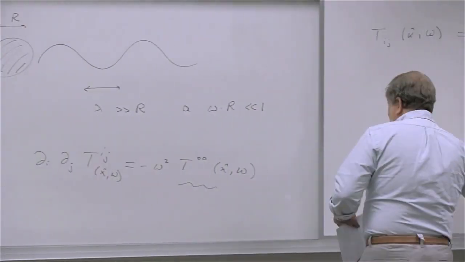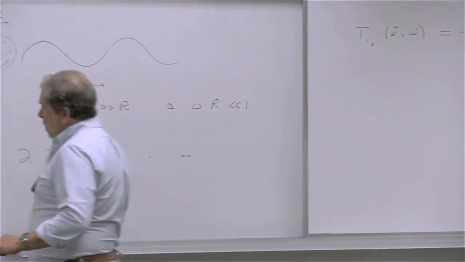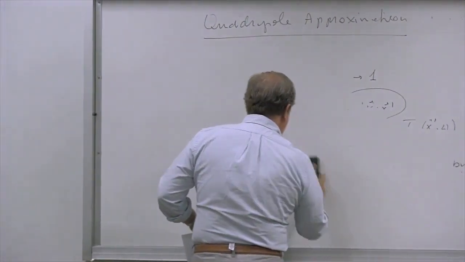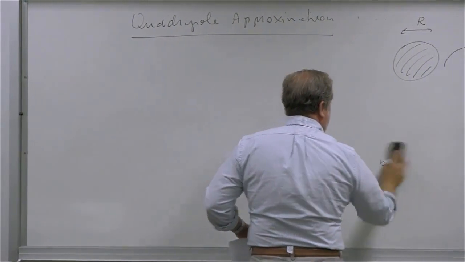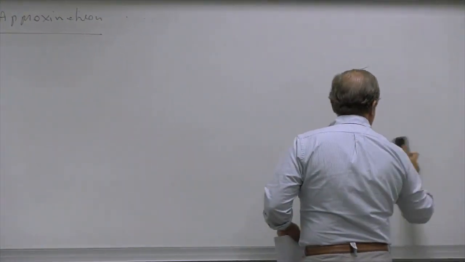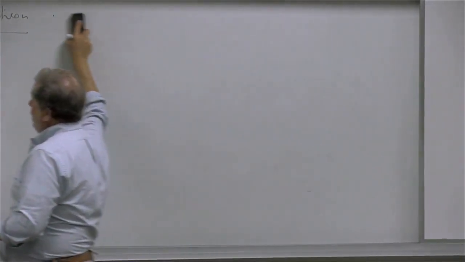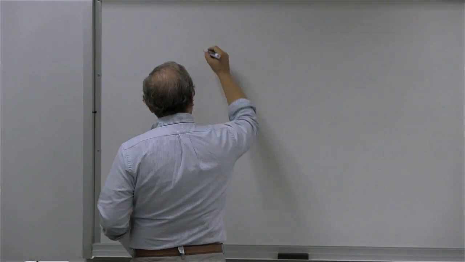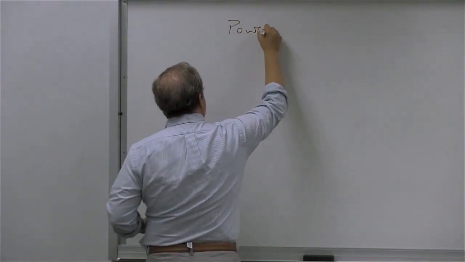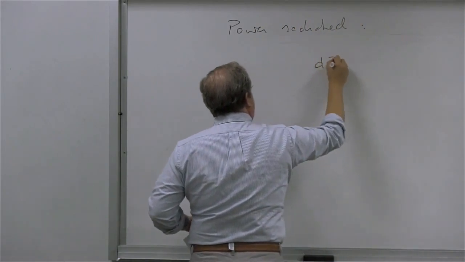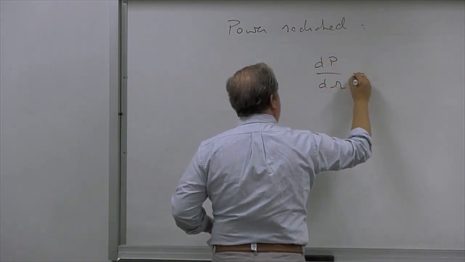And so when you do that, then the formula for the power radiated per unit solid angle simplifies a little bit, because we only have now the T^00 appearing in it. So let me write that again. So power radiated, right, is dP by d Omega.